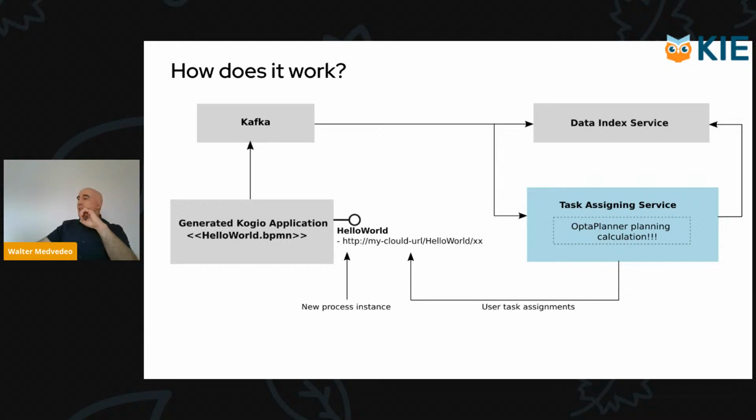Typically, the cycle is that when new process instances are created, events are produced that are consumed by the different Kogito services, for example, by the task assigning service. OptaPlanner does calculations, and depending on these calculations, we finally produce the task assignments that I was referring to.